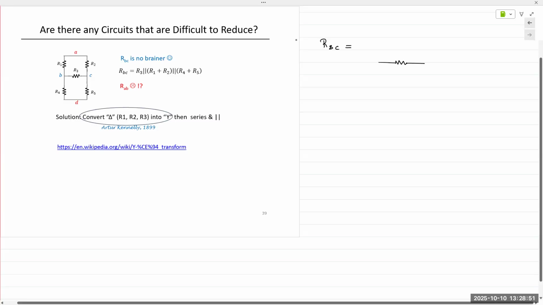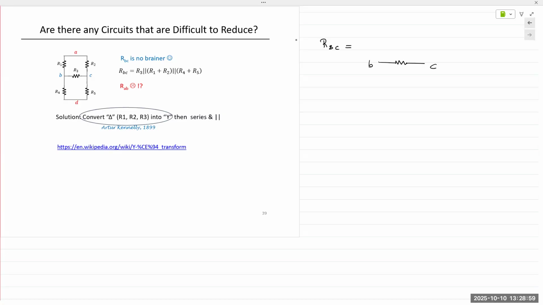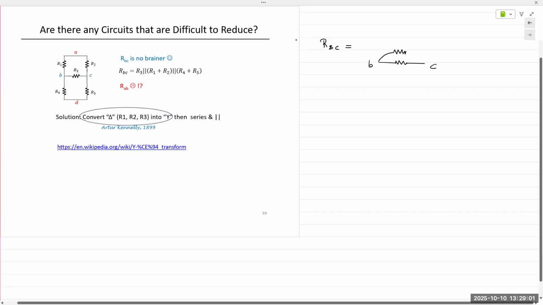And then between B and C, you have R1 and R2. Now, R1 and R2 can be reduced to one single resistance. So this is R1 in parallel with R2.